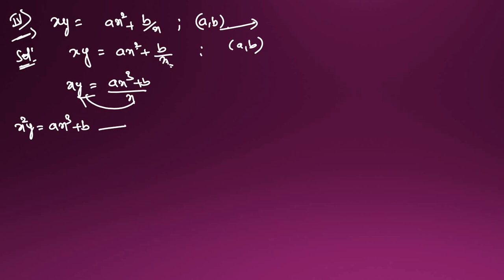Now I will take the derivative with respect to x. Okay, it will be the UV method, because x square and y are two variables, not constants. Whenever a constant is there, the constant is taken outside of the derivative.